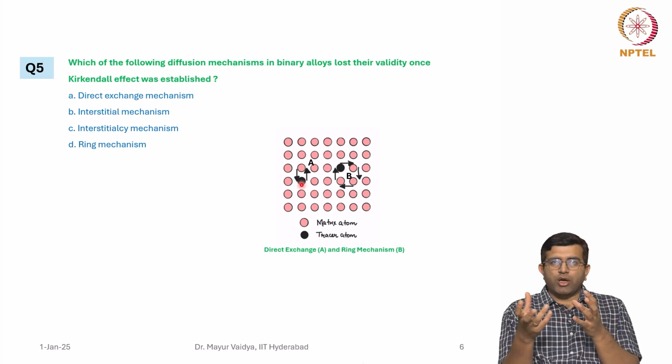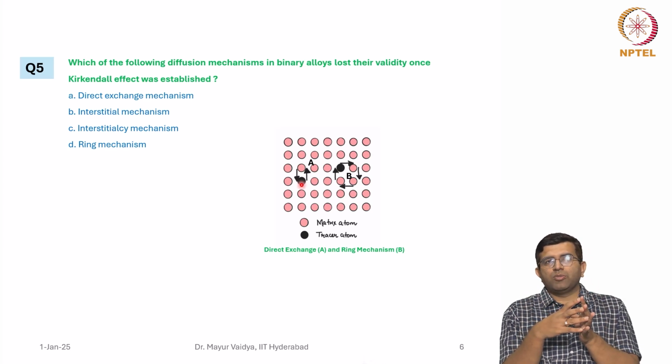The movement of markers actually demonstrated that the diffusion rates are not uniform, and therefore this is not valid anymore. So, the direct exchange and the ring mechanisms are not valid.